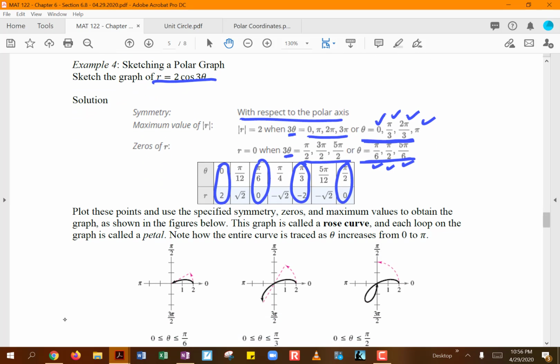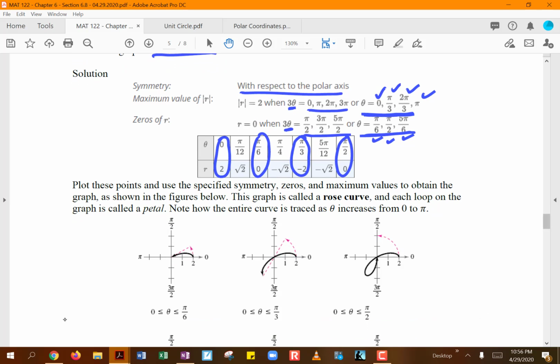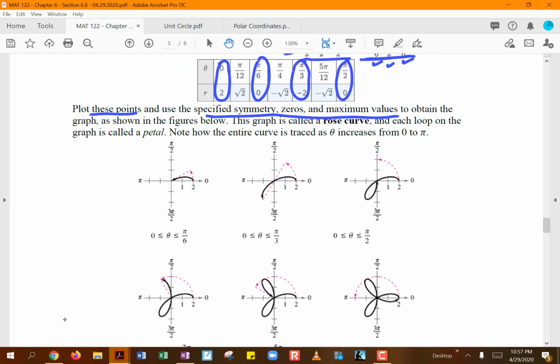So we've got our symmetry, we've got our maximum values of r and the zeros of r. Using these aids, and of course the points that we have in our table, you will get a graph which is what we call a rose curve, and each of those loops is what we call a petal.